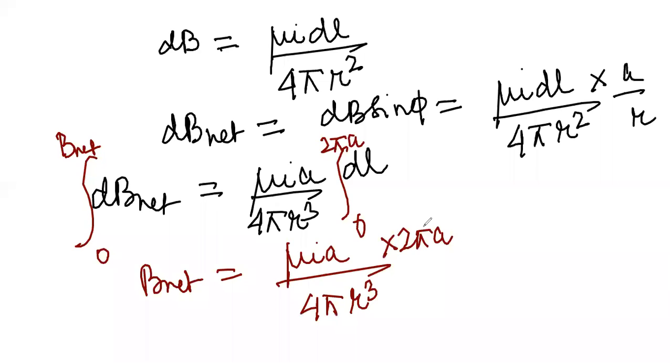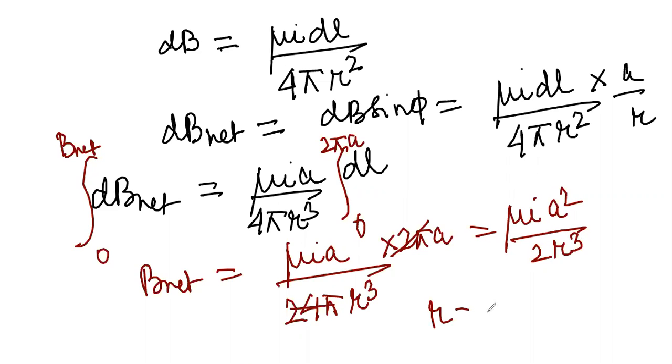So hence we get from here, this is 2, and the final answer that you are getting is mu I a square divided by 2 r cube. Now what was r? We have already seen r was equal to a square plus x square whole to the power half.